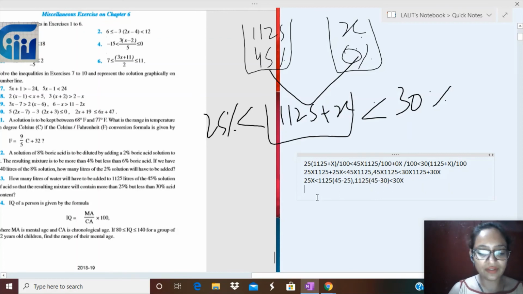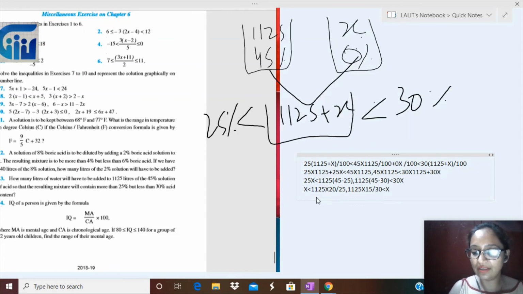So solving it further will give me x is strictly less than 1125 into what we will have, 45 minus 25 will be 20, divided by 25. Then for the second part, 1125 into 45 minus 30, this will be 15, and this whole divided by 30 is strictly less than x, right?